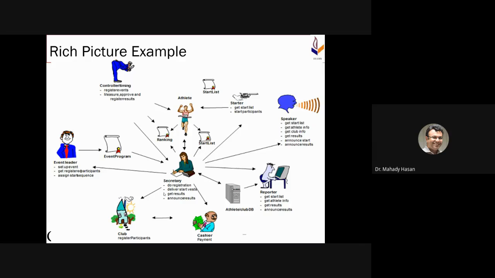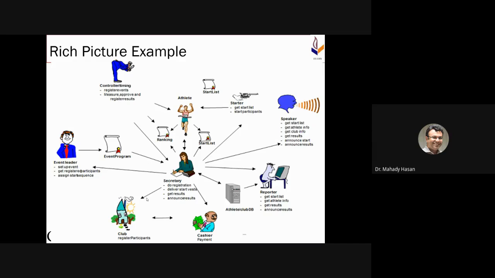But we can see for some of the users, the roles or activities are listed, which typically should be provided by arrows. But here the arrow is not there, or the arrow is not labeled properly, but the activities are given after the name of the stakeholders. Is it okay? Yes, sir.